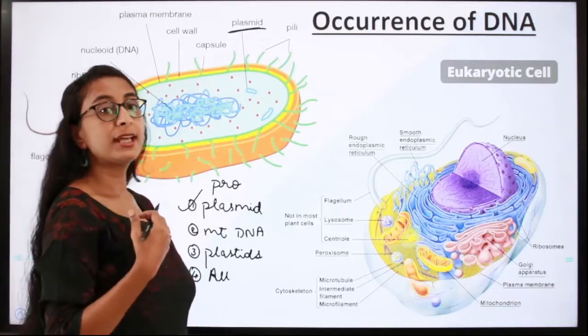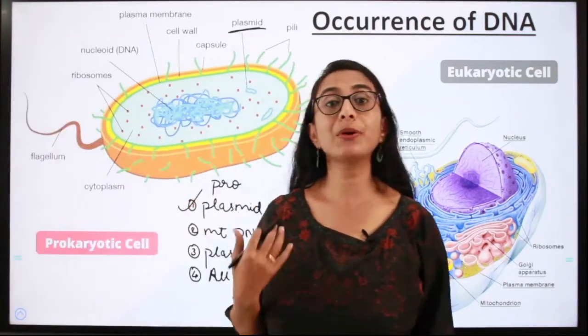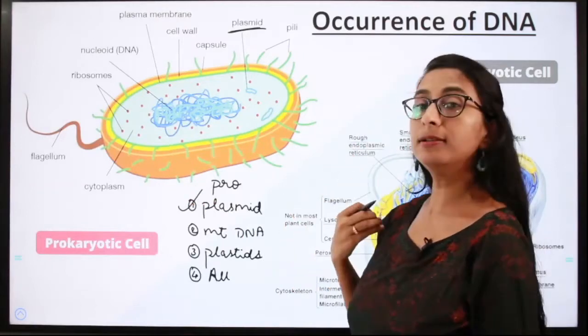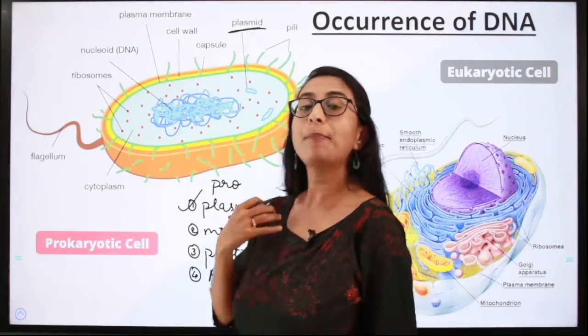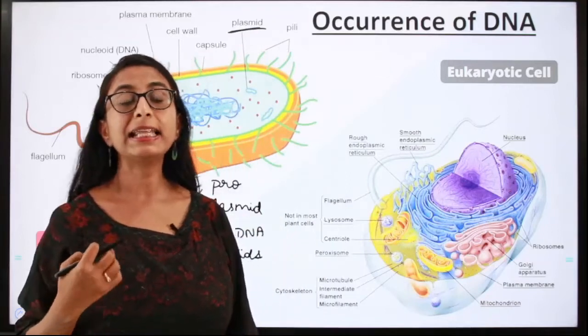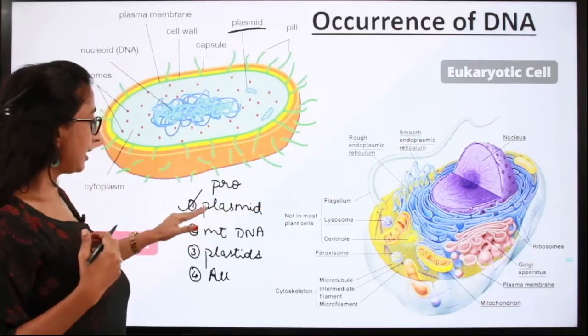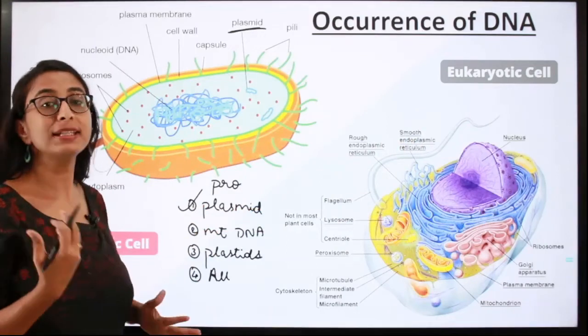Whereas suppose the same question is asked with respect to a eukaryotic cell. So if they ask what are the DNA apart from the chromosomal DNA that is present in a eukaryotic cell, and you have the same 4 options. So now what is the right answer?